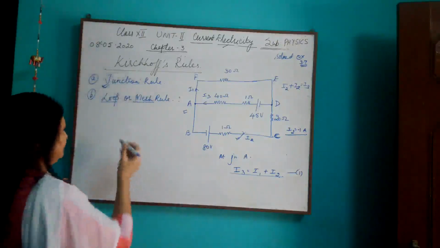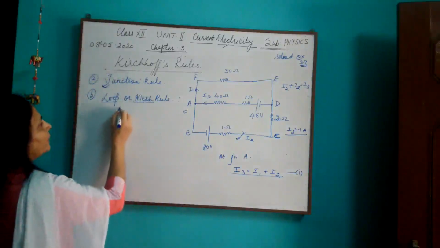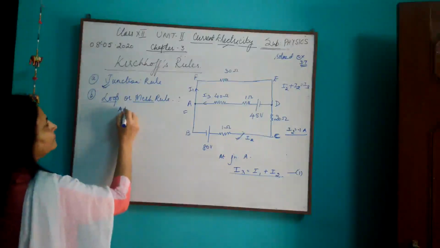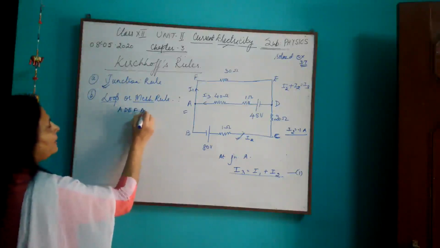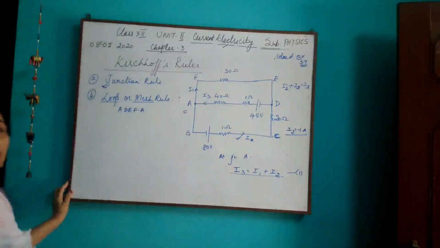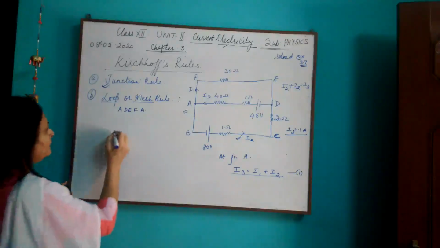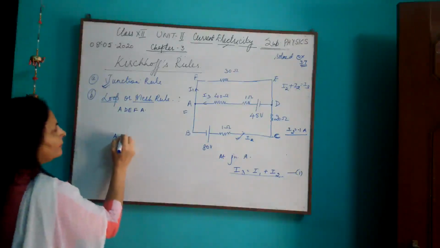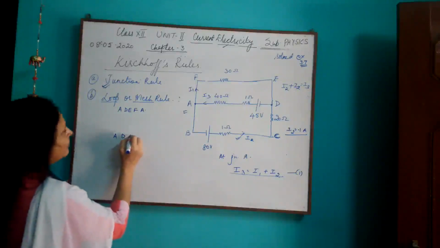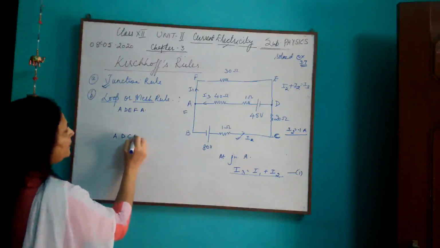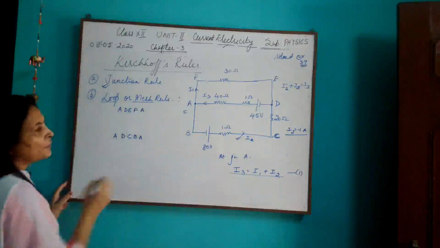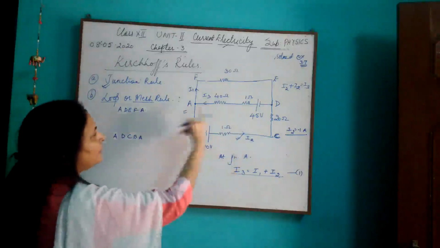One is A, D, E, F, A. This is one mesh or loop. Second, A, D, C, B, A.